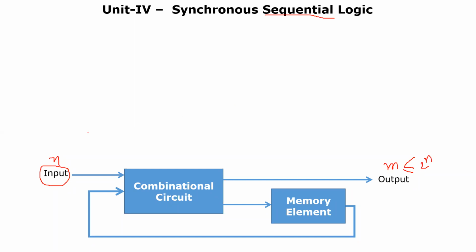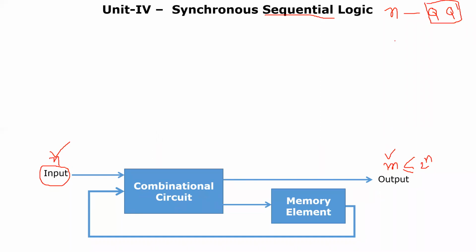The second basic difference is that in combination logic we have n inputs and m outputs, whereas in sequential circuits we have n inputs, but the outputs might be only 2. Normally we mention them as Q, Q in its ordinary form, and Q in its complementary form also. These two will be available as outputs in sequential logic.